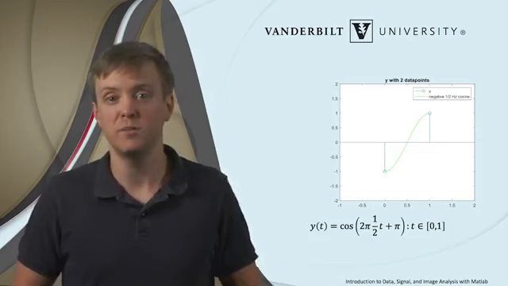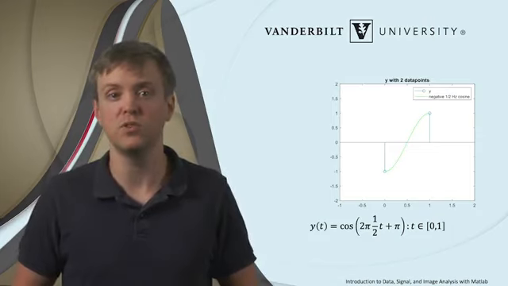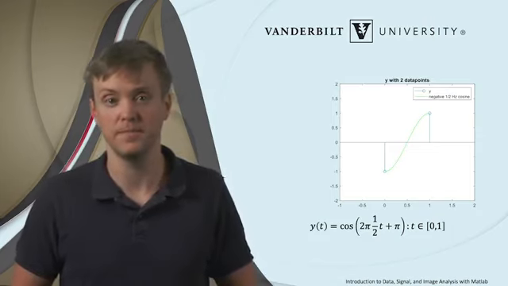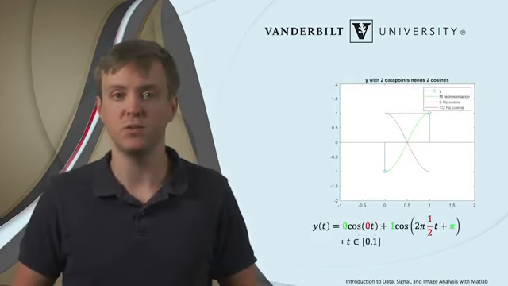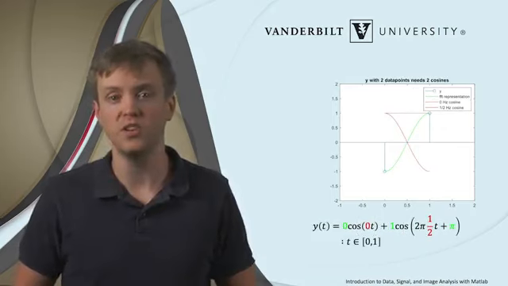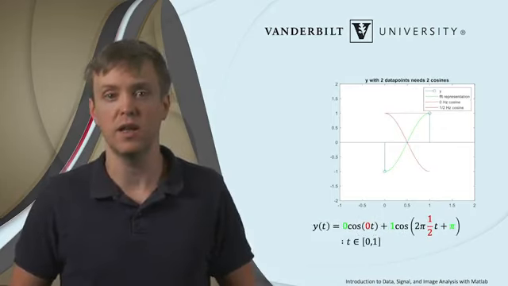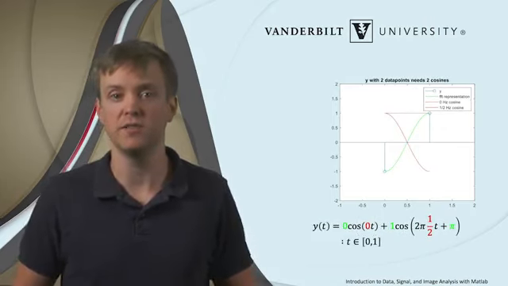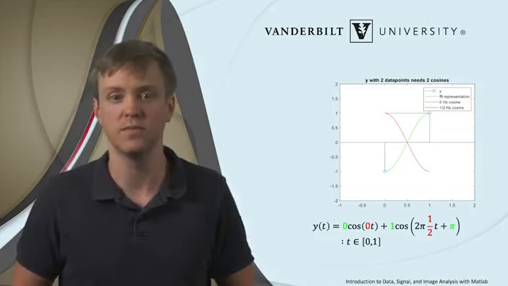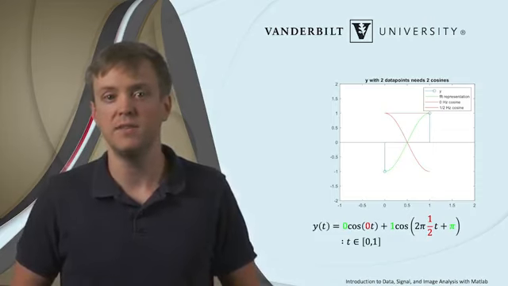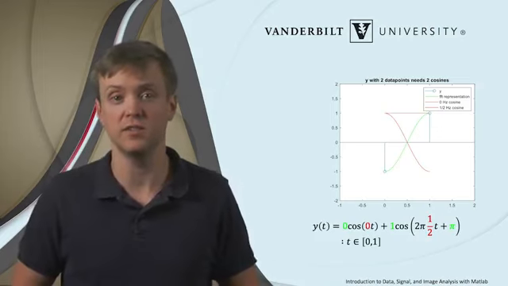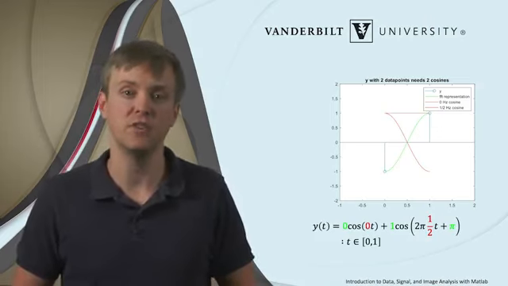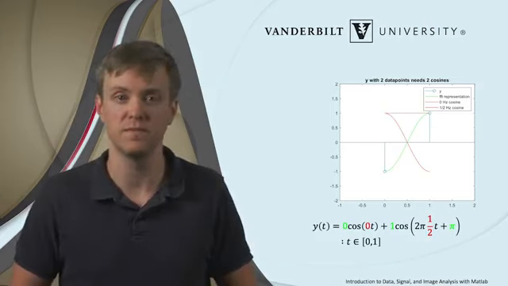In general, we can approximate any two data points with two cosines of specific frequencies. For two data points with sampling frequency fs equals 1 hertz, we can use one cosine with a frequency of 0 and another with frequency fs over 2 equals 1/2 hertz. The IFFT then finds the amplitude and phase that are needed to apply to these two cosines in order for their sum to pass through our signal samples.